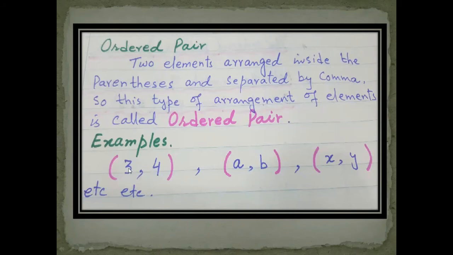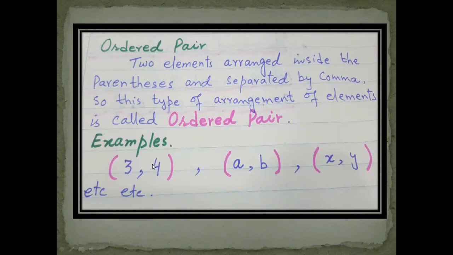The first element, or x component, is called the abscissa, and the second component, that is the y component, we call the ordinate. This is the first component, this is the second component.